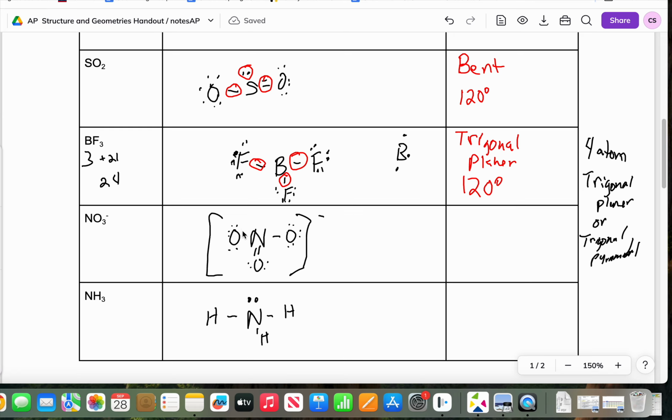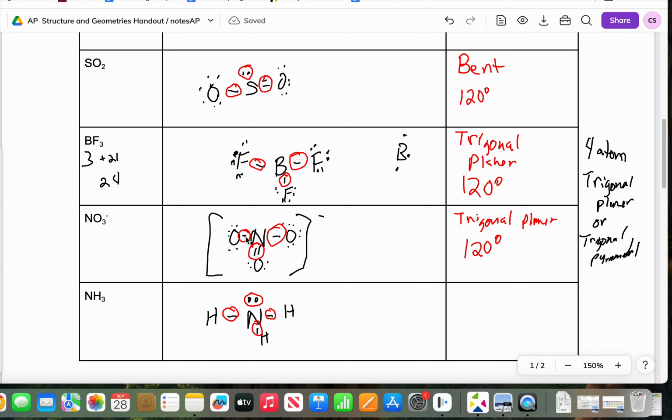Let's look at NO3. You count the domains on the middle atom: 1, 2, 3 electron domains. Three electron domains, still trigonal planar, and it's 120 degrees. Now let's look at NH3. 1, 2, 3, 4 domains.